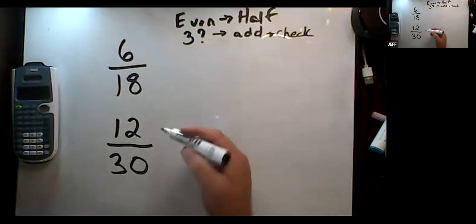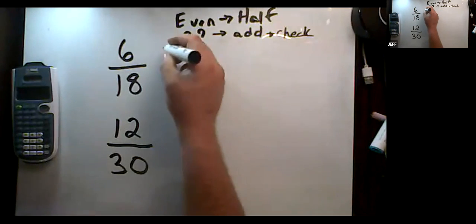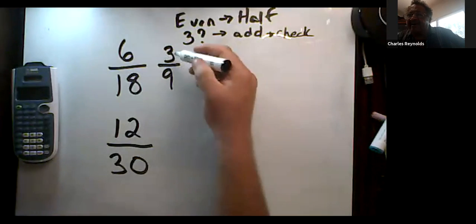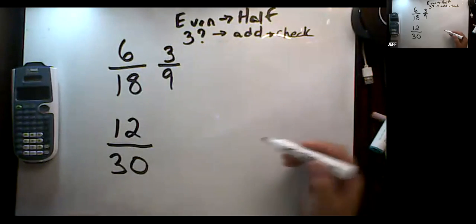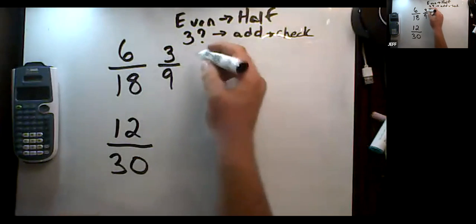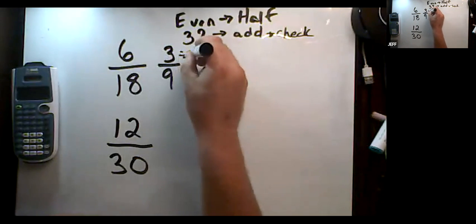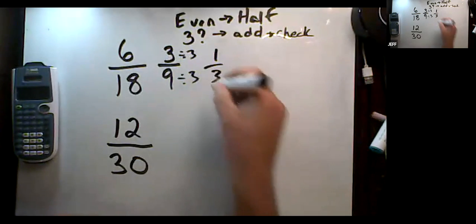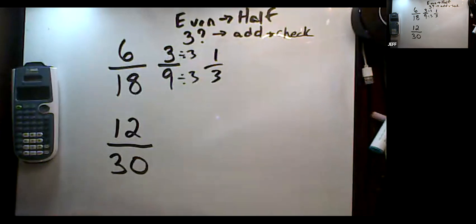Okay, so we're just going to do these real quick. These are both even, so we can cut them both in half. Not even anymore, so we just quickly ask, are they divisible by 3? 3 goes into 3 once. Divide 9 by 3, and we get 1/3.